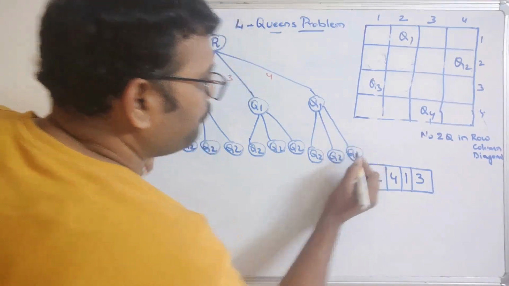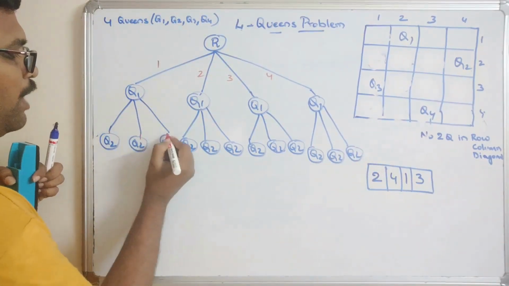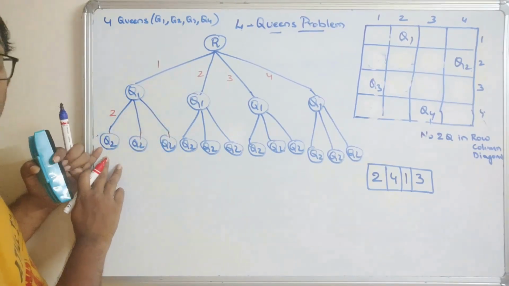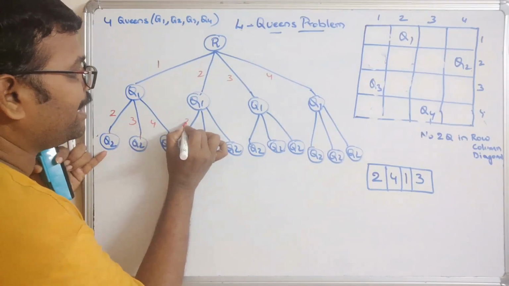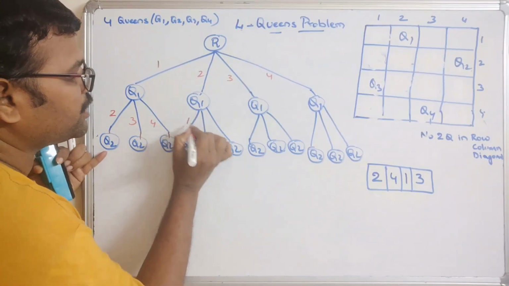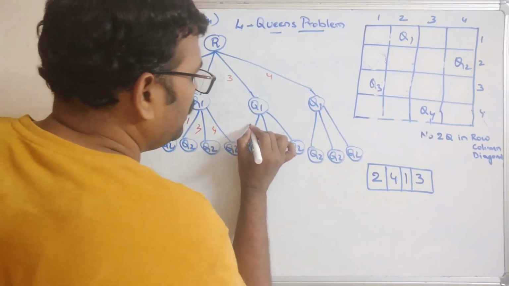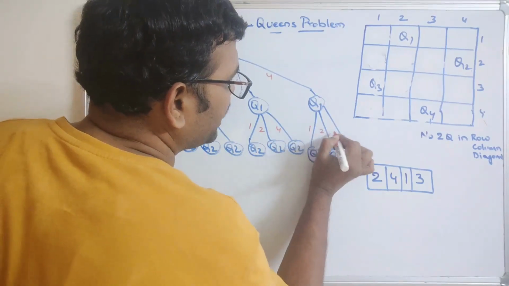So if Q1 is at position 1, in the second column if you place Q2, third column, 4th column. Second, here the first column, second, third column, and 4th column. Here first column, second column, 4th column. First column, second column, third column.